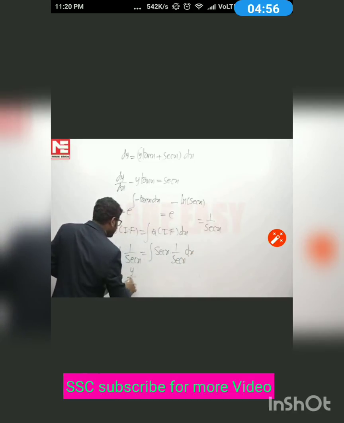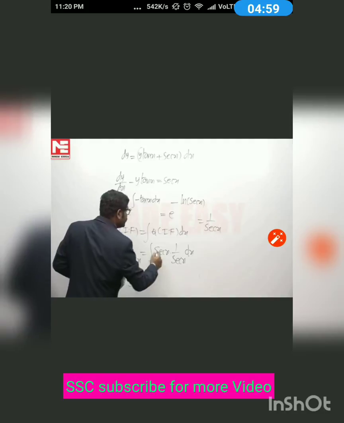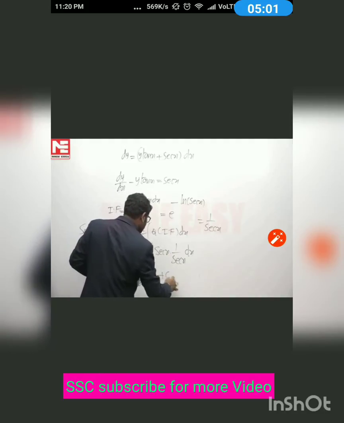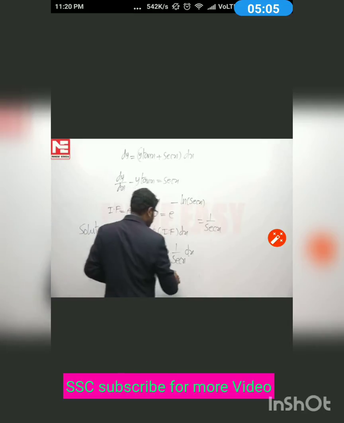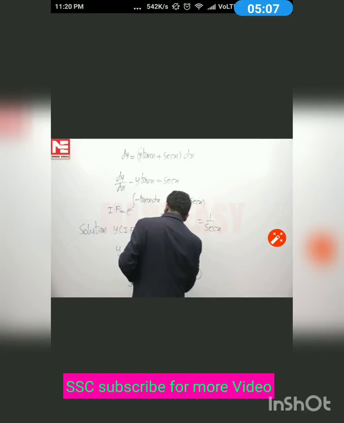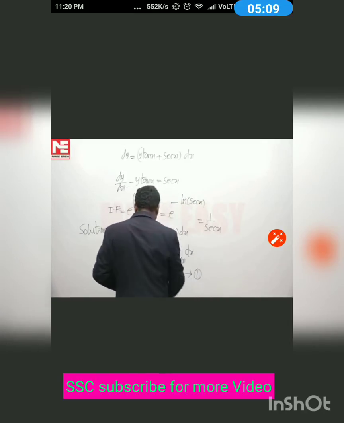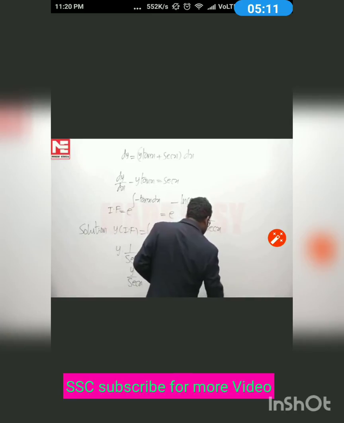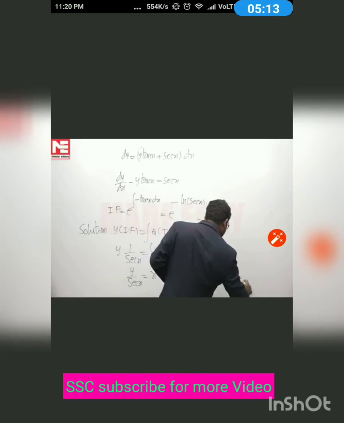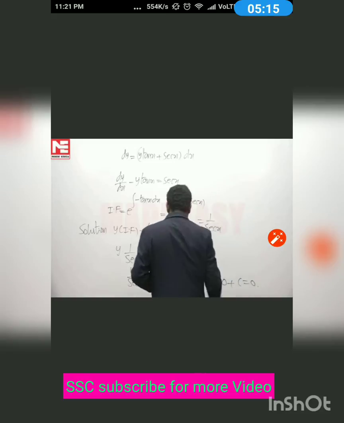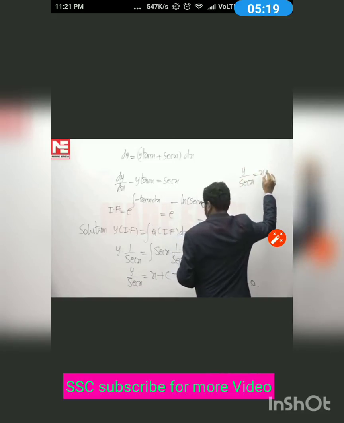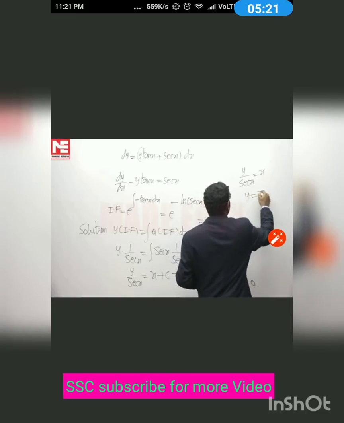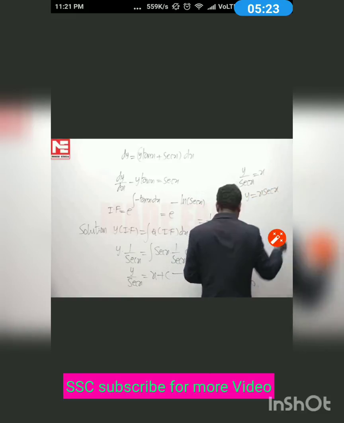So y by secant x equals integral 1 dx, which is x plus c. Given that the curve passes through the origin, when x is 0, y is 0. That's why c equals 0. Therefore, the equation of the curve is y by secant x equals x, so y equals x secant x.